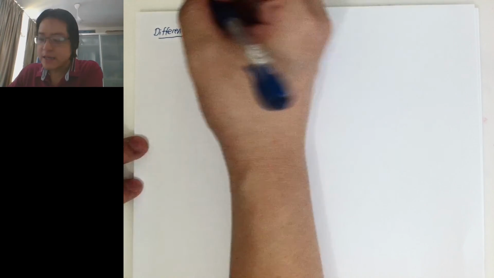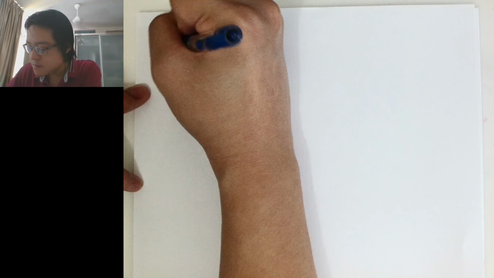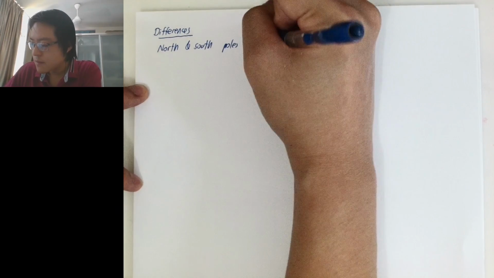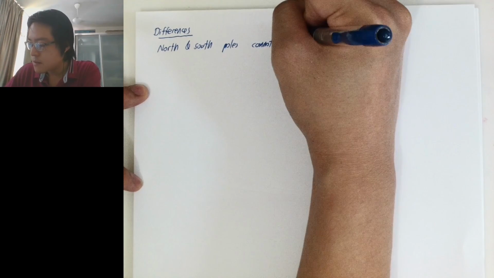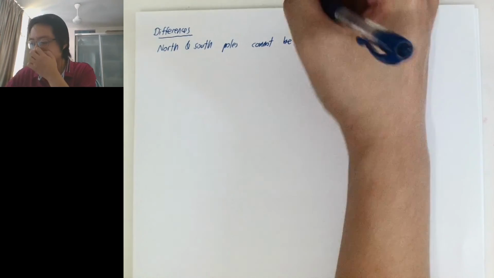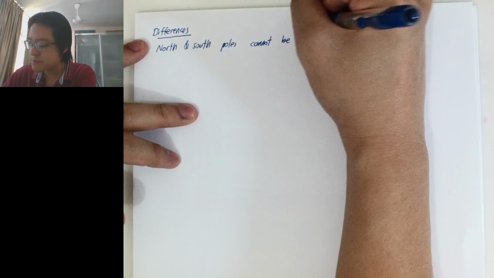Let me put it in simpler English before we use more advanced words: the north and south poles cannot be isolated. Isolated means separated.